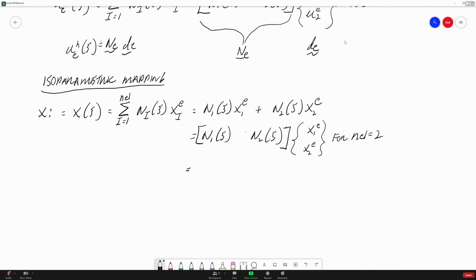So this leads to x(psi) is equal to N^e x^e.